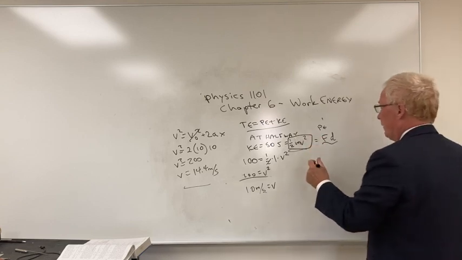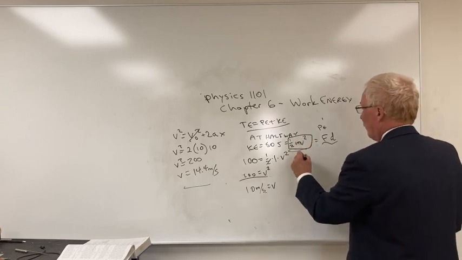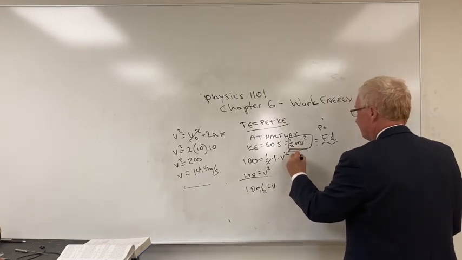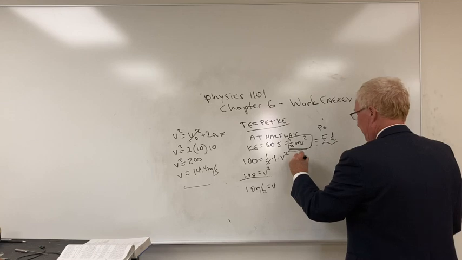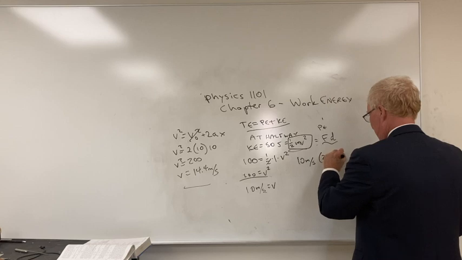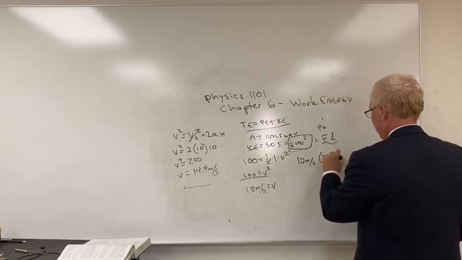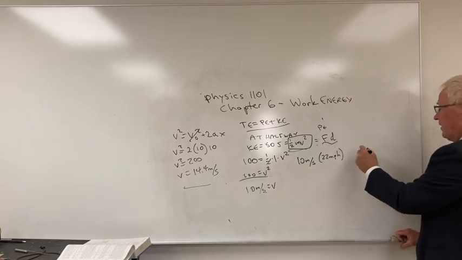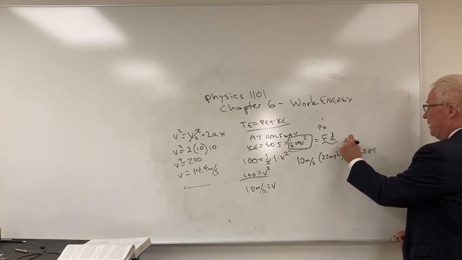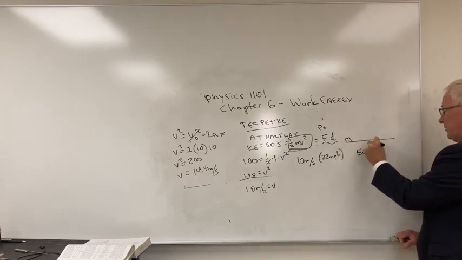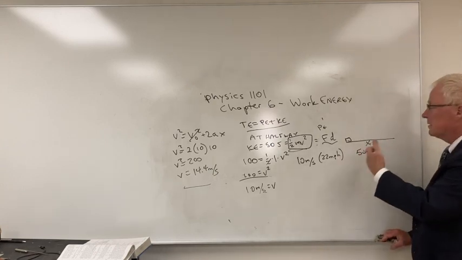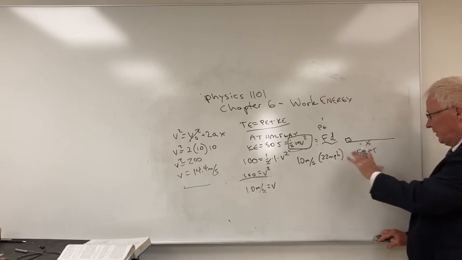If we have an example, a car going 10 meters per second, which is about 22 miles per hour, it might take about 50 feet for it to stop with the brakes. So you're going a certain speed, you put the brakes on, it takes a certain distance, x, for it to stop. It depends on the brakes, depends on the mass of the car. Let's say it takes that under the same conditions.